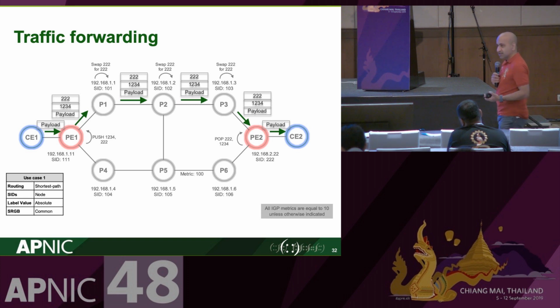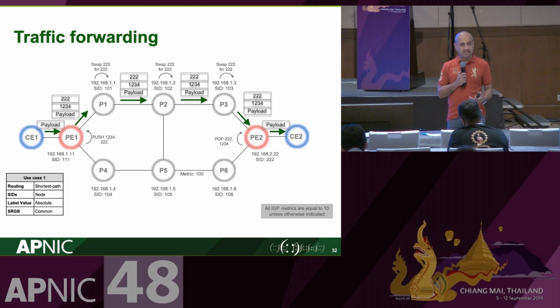It does exactly what LDP does, except that it uses globally significant labels. But it doesn't require LDP, right? It's an extension to the IGP. So one benefit here is that you've got one less protocol to deal with, right?